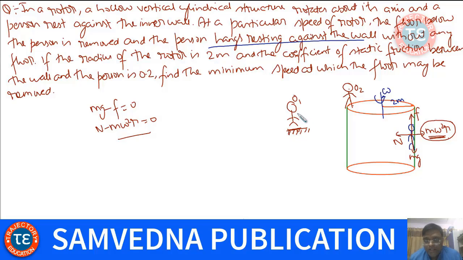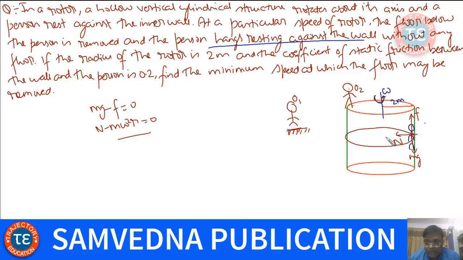If I write the equation as per the observation made by O1, I don't need the pseudo force. Then his observation is what? What is the observation of O1? He will see the rotor to be moving in a circle. He will find the rotor to be rotating, and this person who is resting against the rotor is also rotating in a circular motion.